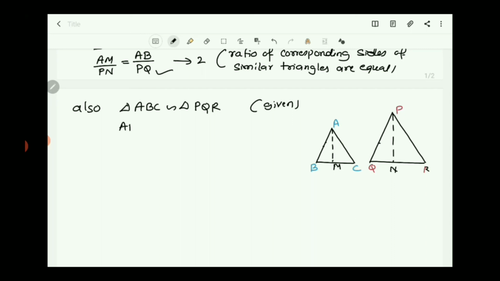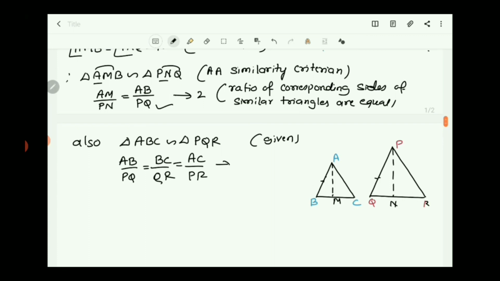So, you write AB by PQ is equal to BC by QR is equal to AC by PR. The reason is, the ratio of the corresponding sides of similar triangles are equal. Now, you consider this as third.